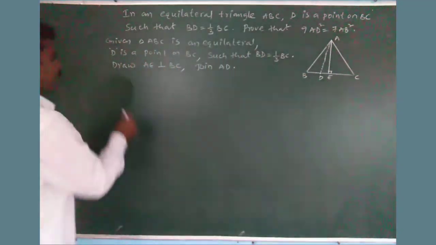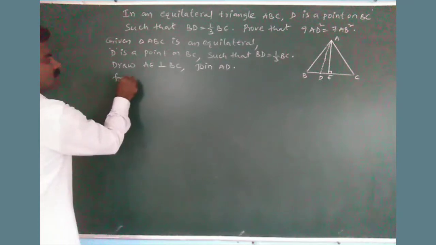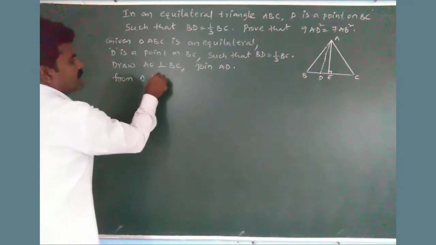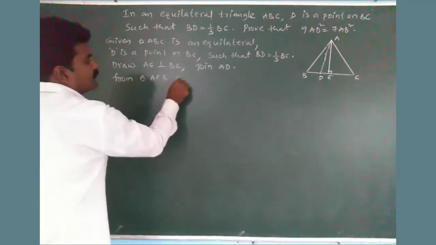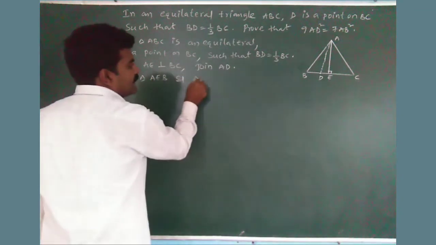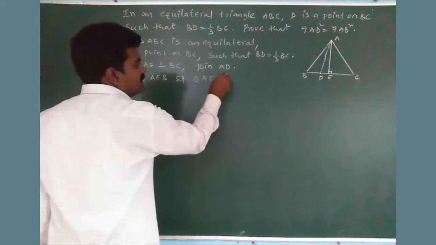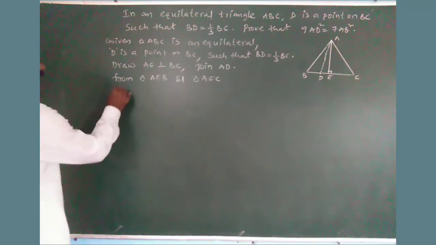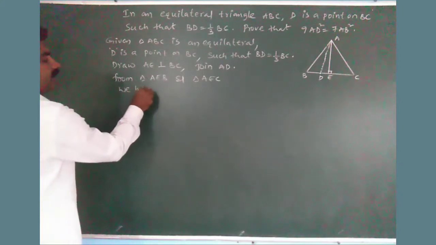So from triangles AEB and AEC, observe these two triangles. Are they congruent? Let us check whether they are congruent or not.